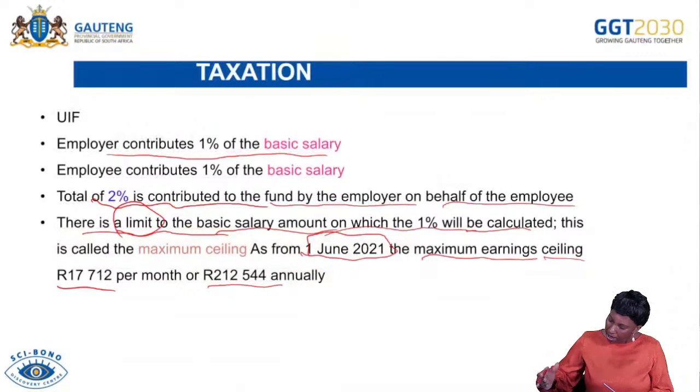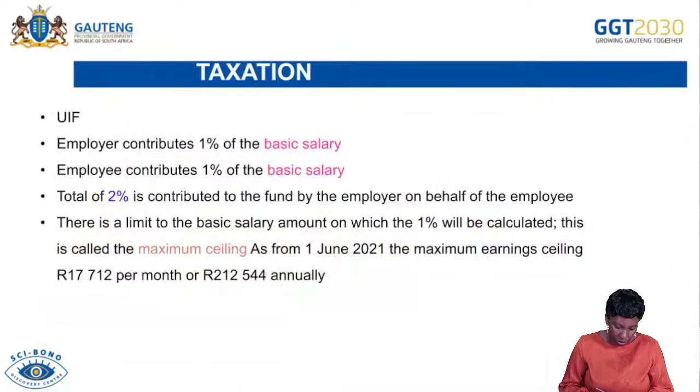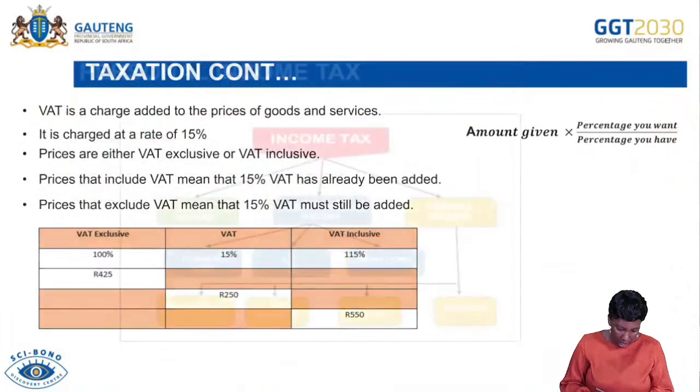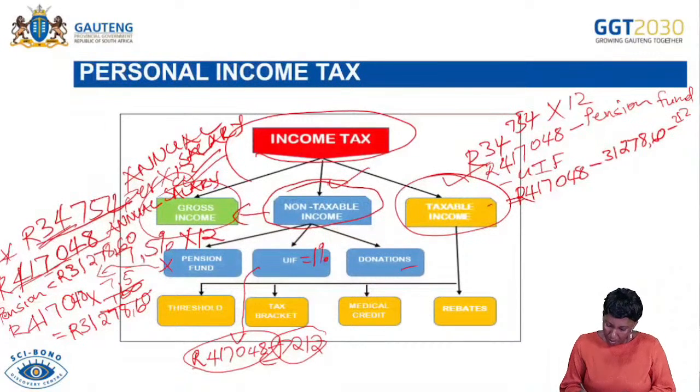Now I'll say my ceiling will be 212,544. So meaning I have to go back now to my calculation and say, okay, my UIF, it is 212,544.